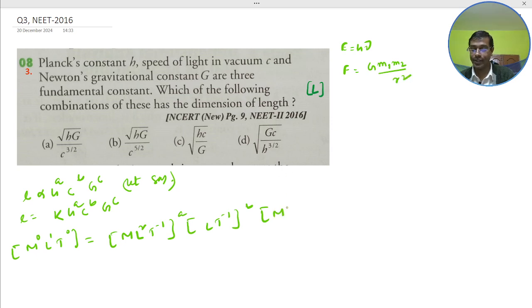So you get M inverse L cube T to the power minus 2, to the power c.